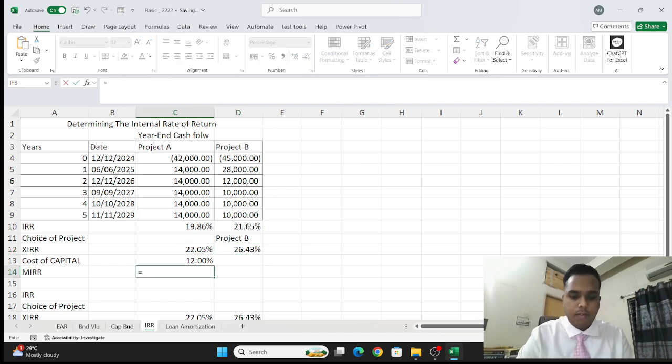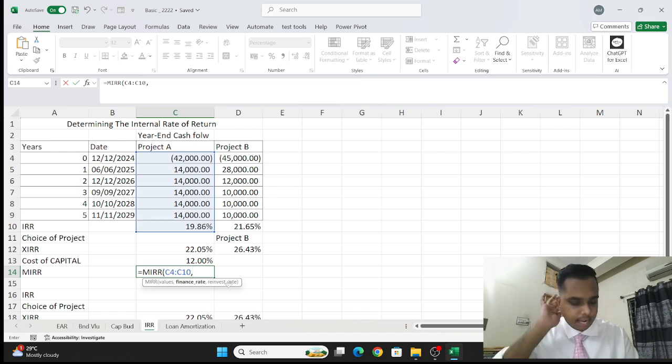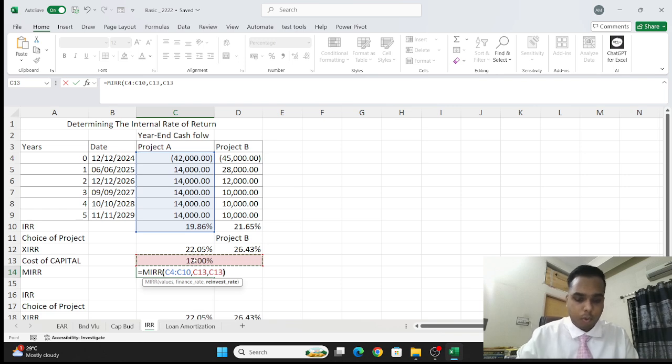To calculate the MIRR, we will simply write MIRR in Excel, then values, then finance rate and reinvestment rate. In this data, there is not given any finance rate or reinvestment rate. So the cost of capital rate will be our finance and reinvestment rate both.